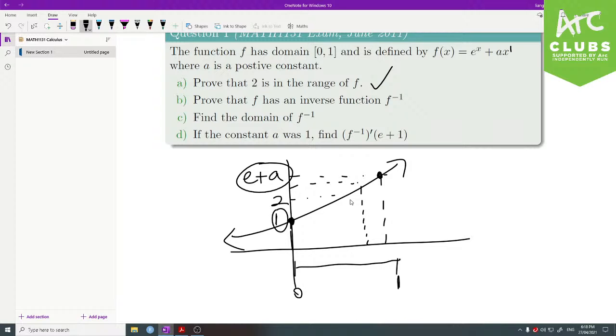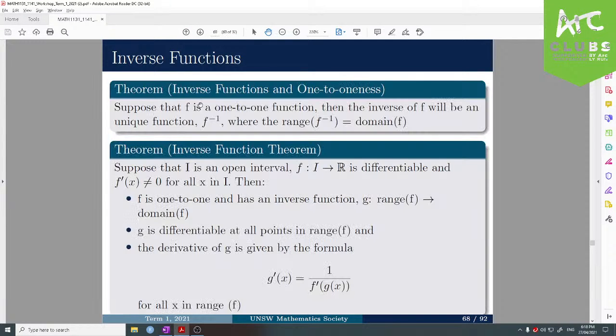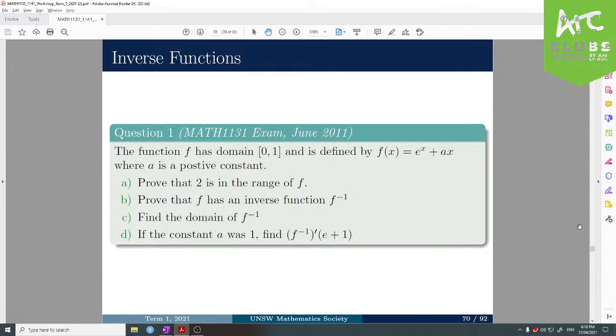That means that this function is 1-to-1. And since it's 1-to-1, it has the inverse function, which is demonstrated by this first theorem here. It's similar to how most of you would have learned in high school the horizontal line test. Yeah, it's a similar concept. Okay, that proves that f has an inverse function.